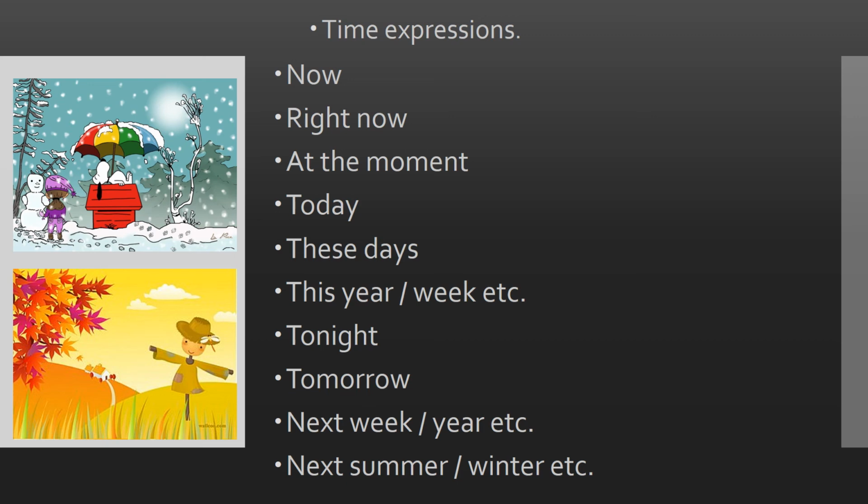And to finish the time expressions, we have seasons. Next summer, next winter. We could also use next fall. Okay. All these time expressions are used in present progressive.